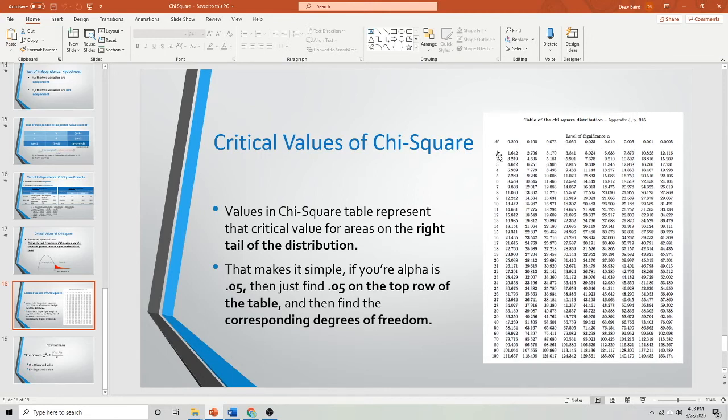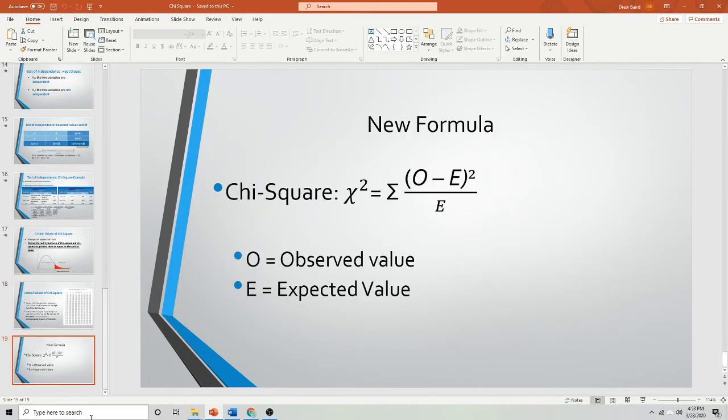So for 4 degrees of freedom, or you have 5 categories, and you want to use an alpha of 0.05, as we've generally been using in this class, then your critical chi-square value is going to be 11.07. And so if you come up with a chi-square that is the same or equal to 11.07, then you get to reject your null.